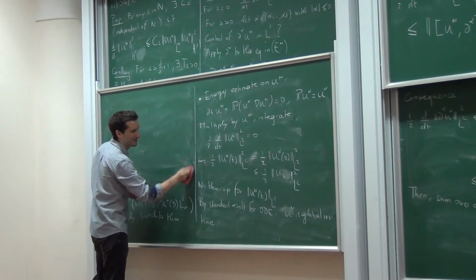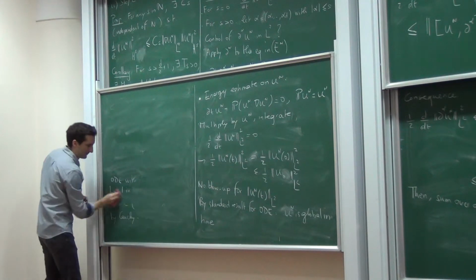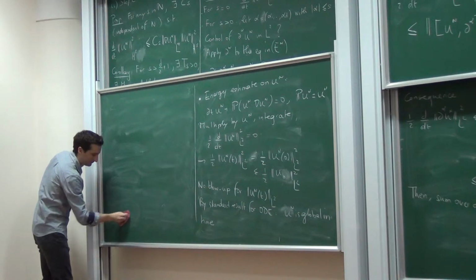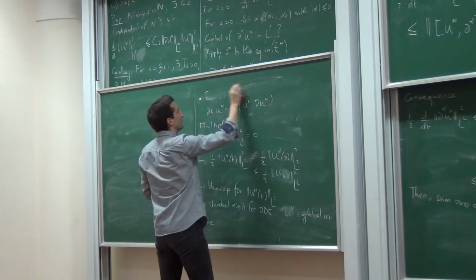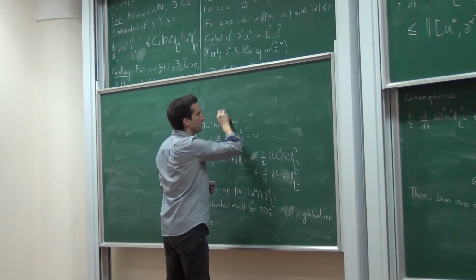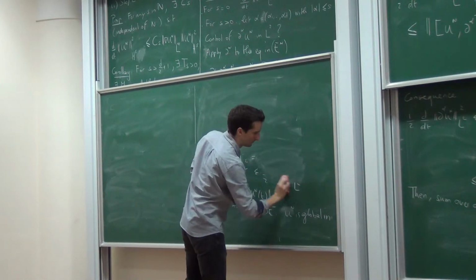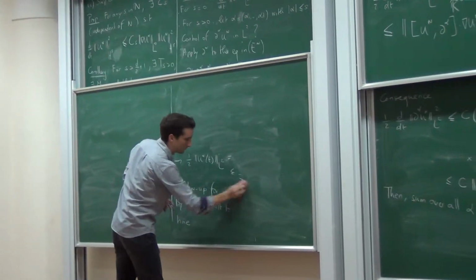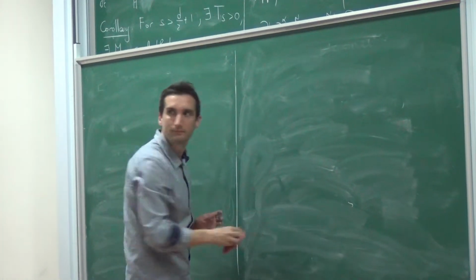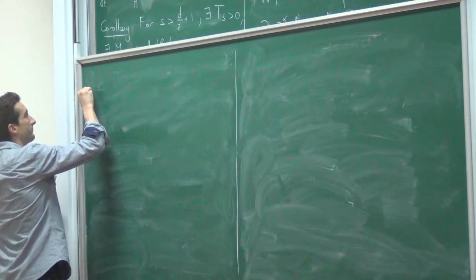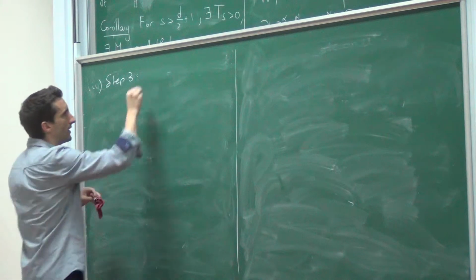Okay, I'm almost done with this long proof. We had these approximations. We have a uniform bound. The last step is compactness, or at least convergence, when capital N goes to infinity. Last step is the convergence argument.